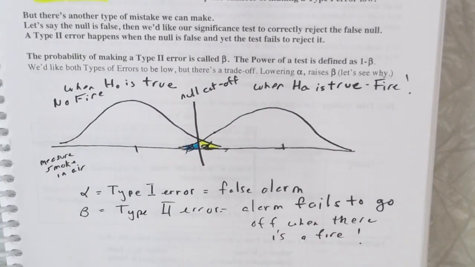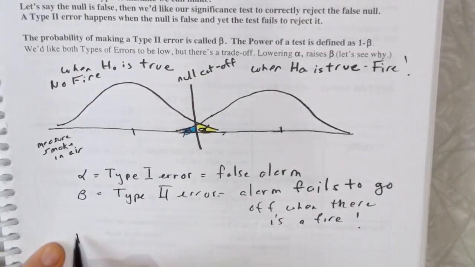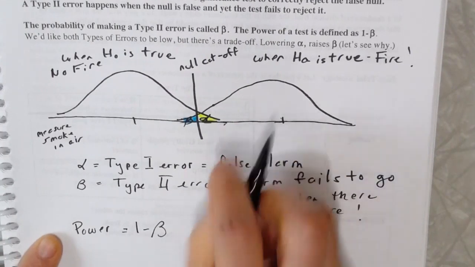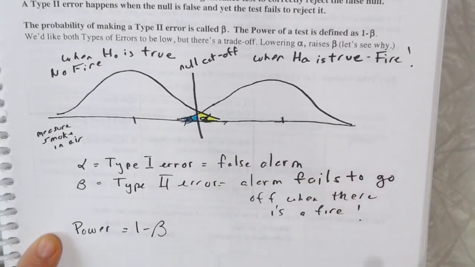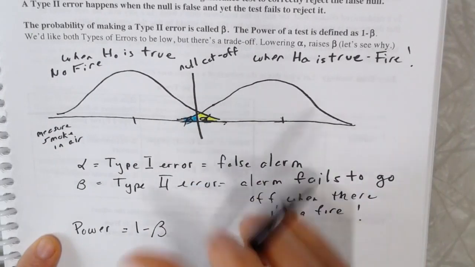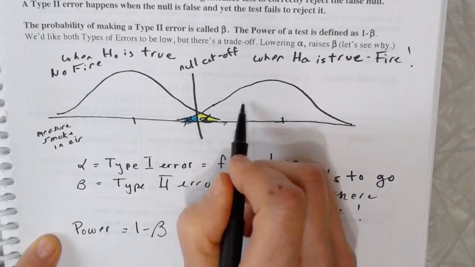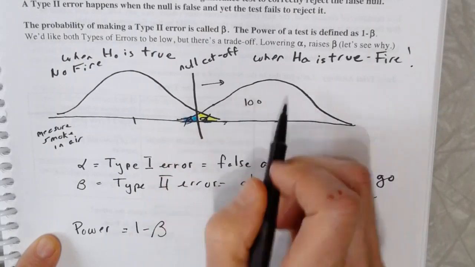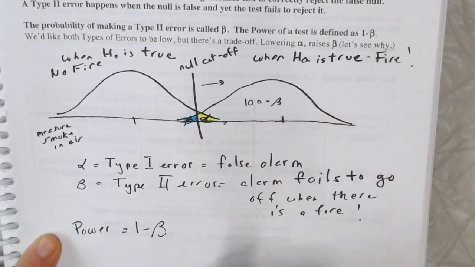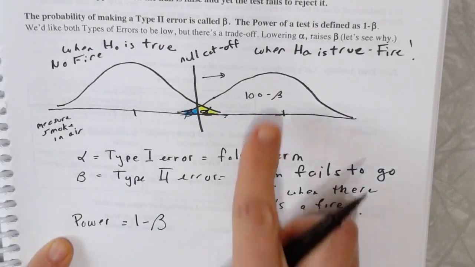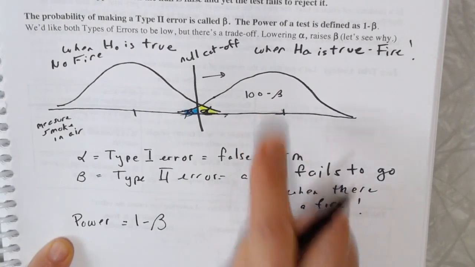So that's the idea. And then there's something else called power, which is 1 minus beta. So this is beta, so power would be everything on this alternative curve, 100 minus beta. So it would be this side of the curve, 100 minus beta. And you want the power to be big because that's the power to detect an effect when it's really there.